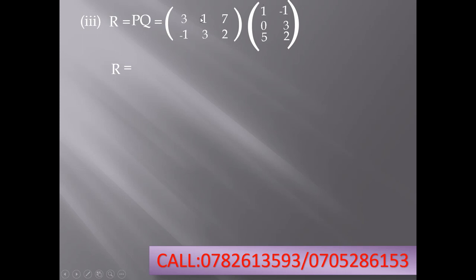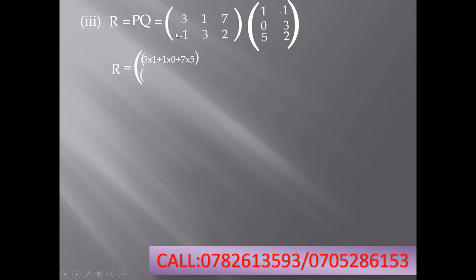Once I take the first row and the first column, we shall have 3 times 1 plus 1 times 0 plus 7 times 5. That's what we shall take.